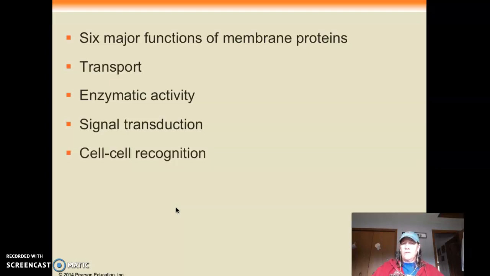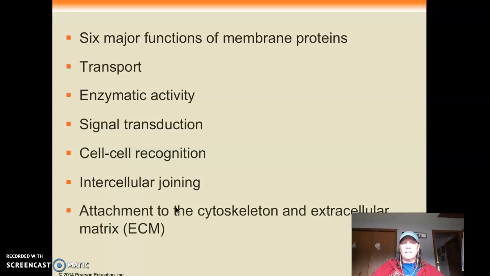Cell recognition. Some cells need to be together. When you put a bunch of cells with the same function together, you have a tissue, and when you put a bunch of tissues together, you have an organ. Well, those cells need to be together, so they have to recognize each other. Intercellular joining is the next step after cell recognition. If they're supposed to be together, now they're going to join together, and that comes from those proteins.